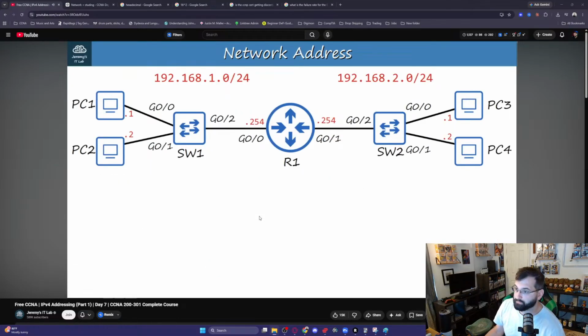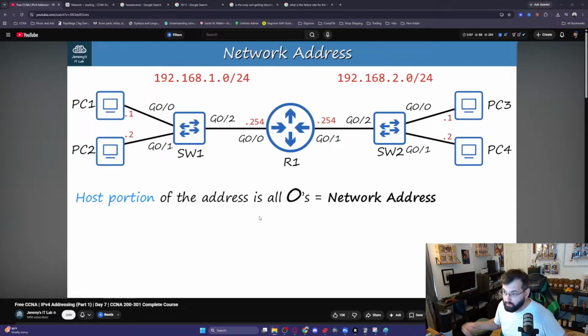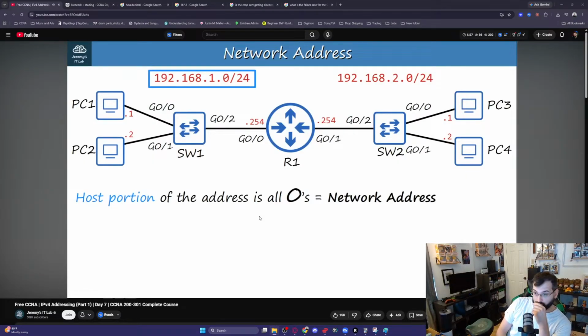Okay. Before moving on to the quiz for today's video, I want to explain 2 more types of IP addresses, which I briefly mentioned before, the network and broadcast addresses. If the host portion of an IP address is all zeros, it means it is the network address, the identifier of the network itself. In our diagram here, you can see 192.168.1.0/24. We know that /24 means the first 3 octets are the network portion, and the last octet is the host portion.